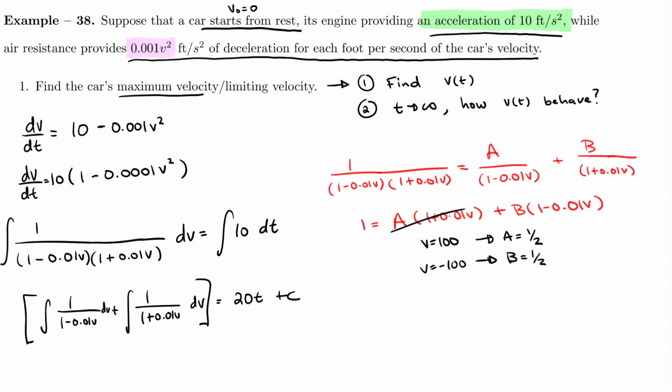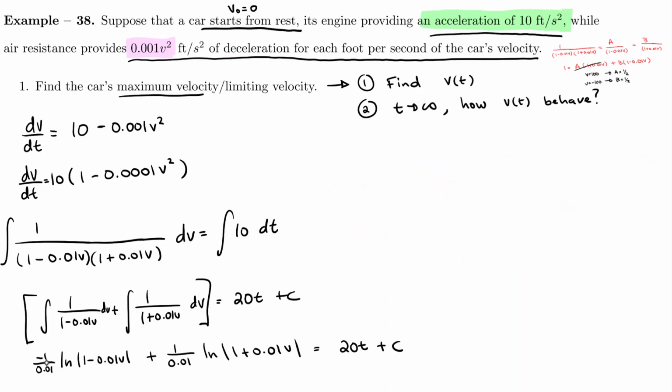Now the left side integrals, those are nice. U substitutions, we'll see that it'll integrate to be negative 1 over 0.01 natural log of our original input plus 1 over 0.01 natural log of this. Now this 1 divided by 0.01 is 100, so we can factor out the common 100 term here, and we'll end up with switching this since this one's negative.